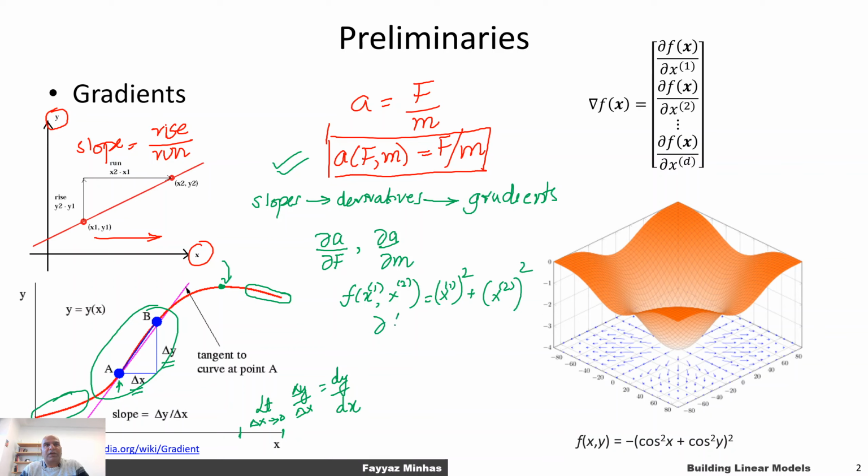If I take the partial derivative of this function with respect to x1, that means I'm interested in observing how the function value is going to change if I change x1 while keeping x2 constant. Go ahead and calculate that. You must have done that already, but I'm just going to give you an intuitive understanding of this. It's going to come out like this, and if I do that with respect to x2, that is going to come out to 2x2.